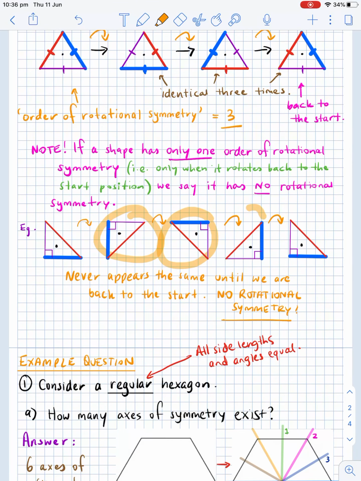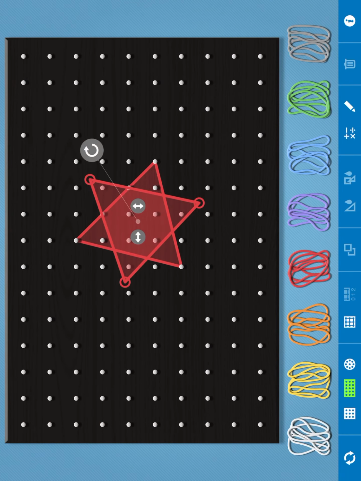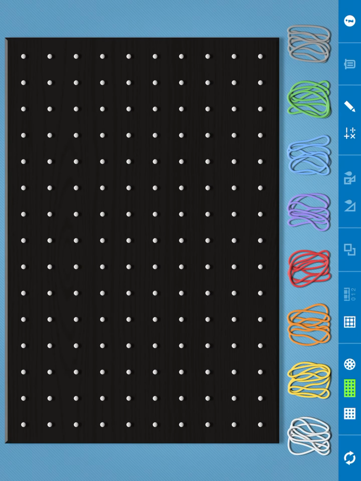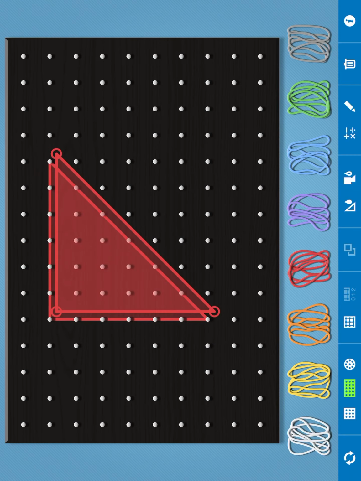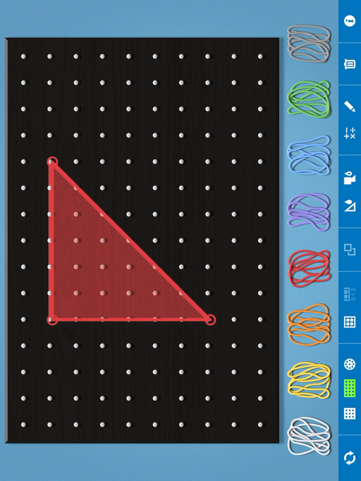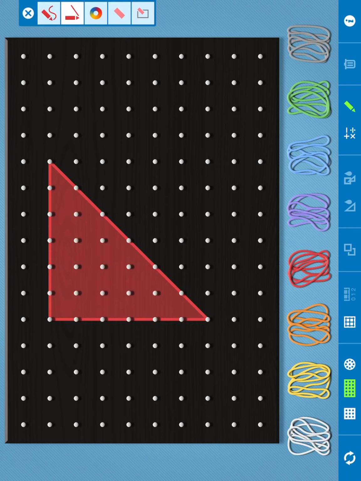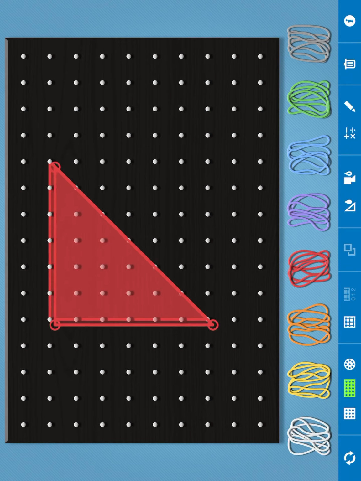If you're struggling to see how this shape is rotating, I can show you a good example here. So if I make that right angle triangle, I can duplicate that shape and overlay it onto the original. Now if I duplicate that again and overlay it, I can rotate it.